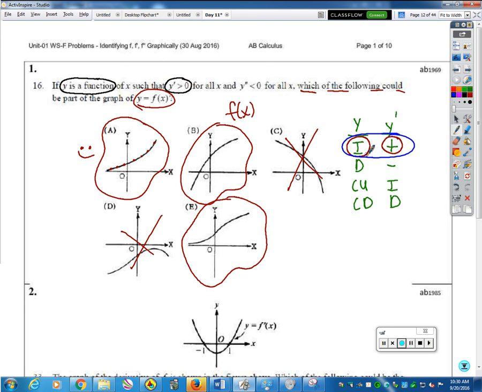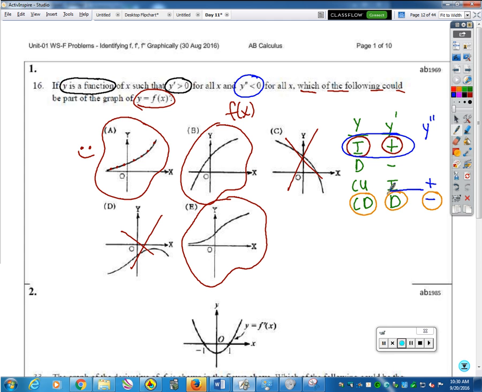The next clue. Somebody tell me what the next clue means and how to apply it over here in the table. Looking for a hand. Let's go, Deborah. Y double prime is less than 0, so it is negative.